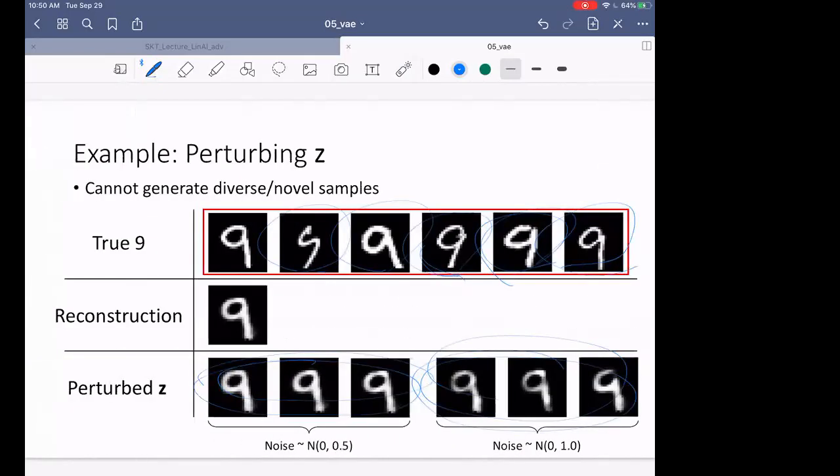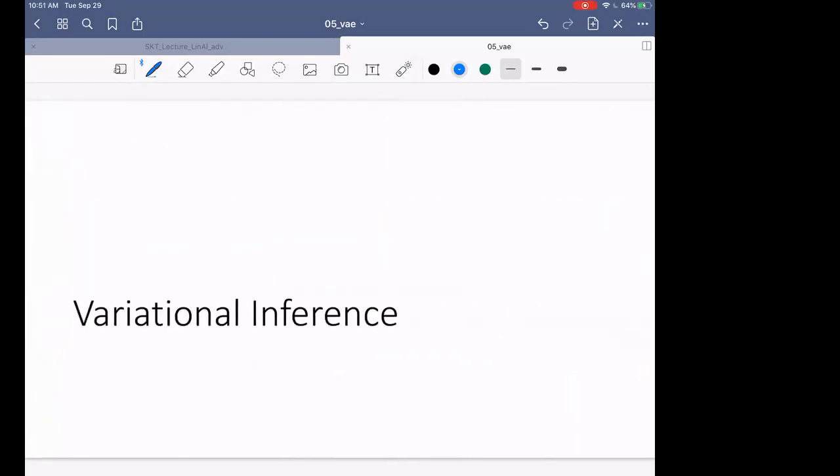It was a rather motivating example. So how do we derive an actual generative autoencoder? Basically we're going to talk about the variational autoencoder. Before that, as I said, in order to talk about the variational autoencoder, VAE, we need to talk about variational inference first. It's a bit of an intro.